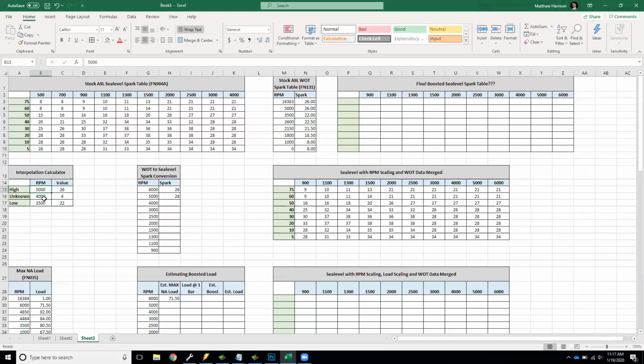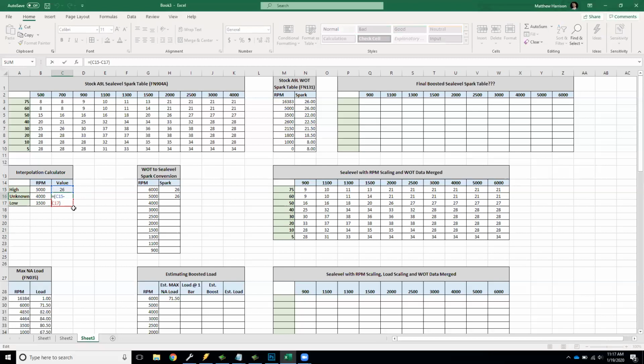Now what we want to do is this: if we change a total of 4 degrees over 1,500 RPMs, then what we're really trying to say is, for every 1 RPM that we went up, how many degrees did we go? It's going to be a tiny fraction of a degree of timing, but that's what we're going to do.